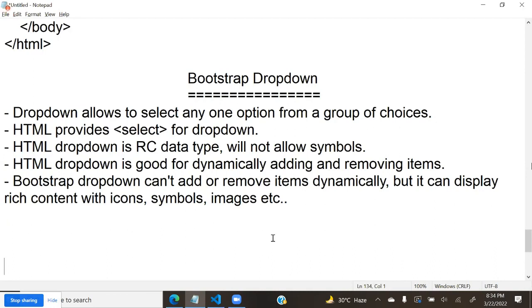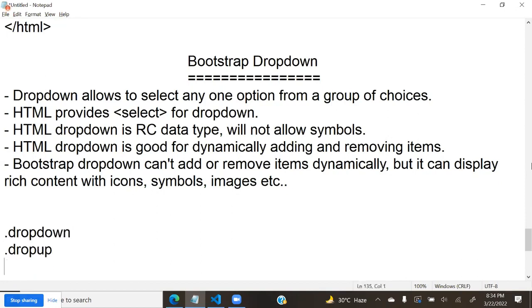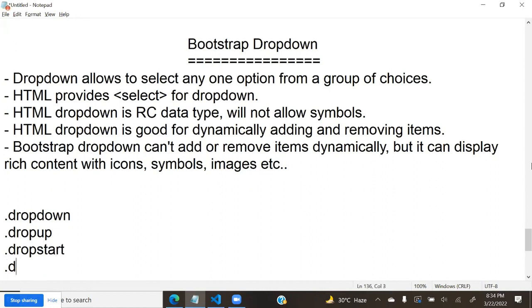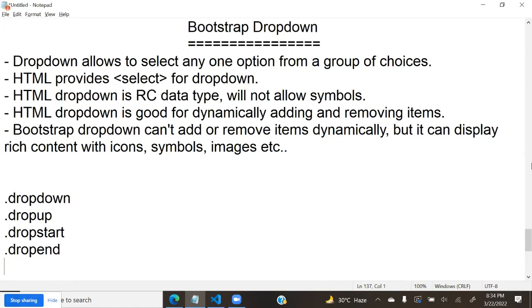For that, we have so many classes. We have drop down, drop up, drop start, drop end. So don't think that it is only drop down. It can drop up, it can drop right, it can drop left.